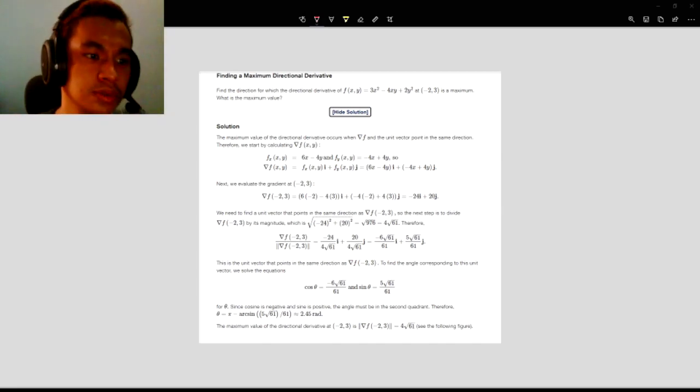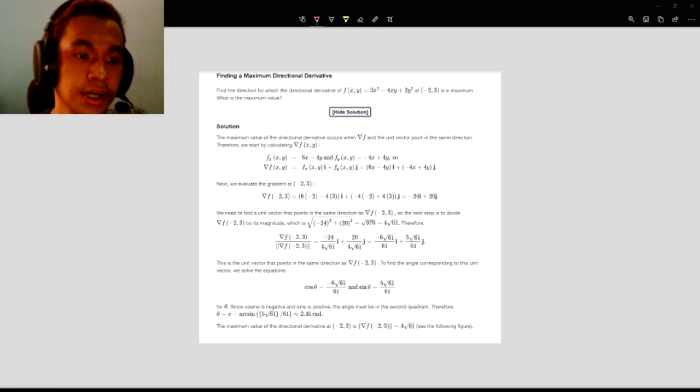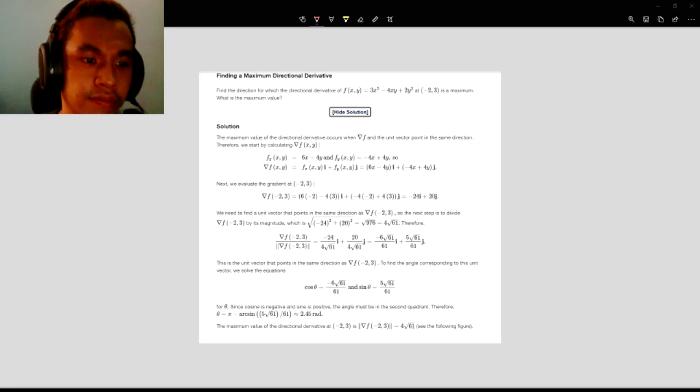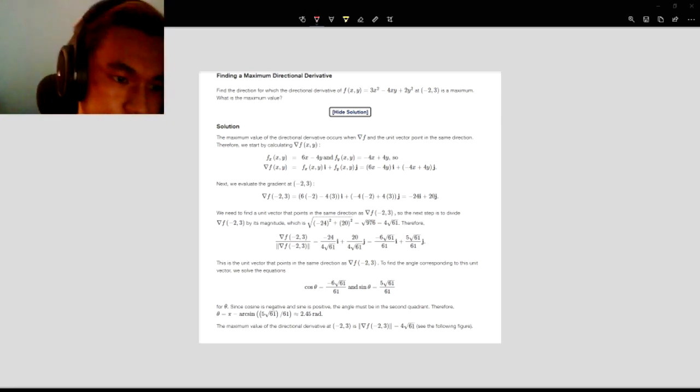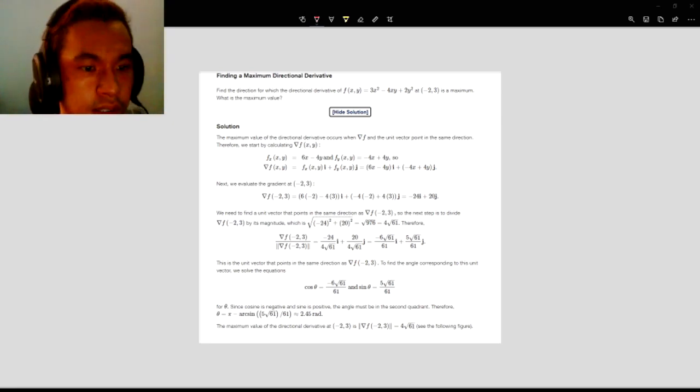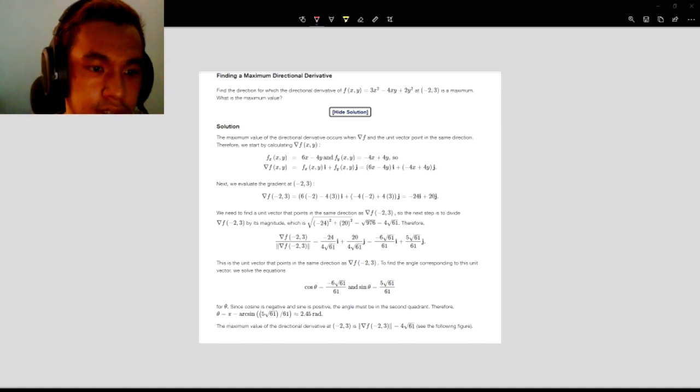So the solution: the maximum value of the directional derivative occurs when the gradient of f and the unit vector point in the same direction. Therefore, we start by calculating f_x(x, y) equals 6x minus 4y and f_y(x, y) equals -4x plus 4y.